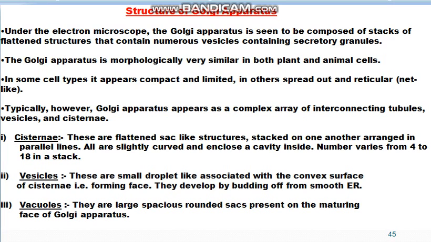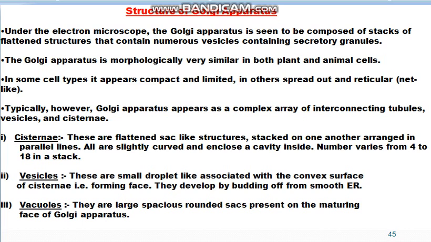So vesicles are formed by budding off from the smooth endoplasmic reticulum, on the convex side of the cisternae, and the convex side of the cisternae is known as the forming phase.